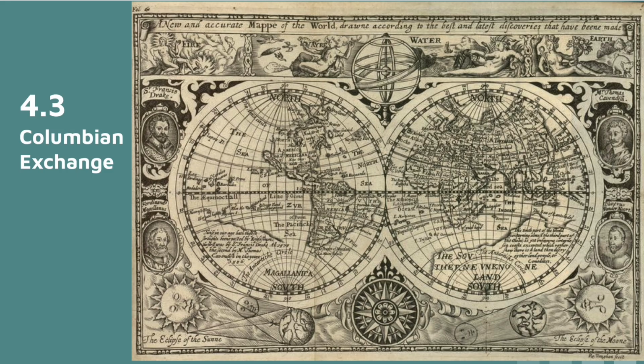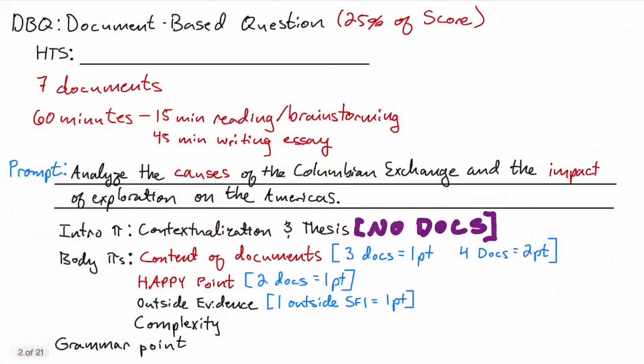So first up, we need to talk about what a DBQ is. A DBQ is a document-based question. You may remember that in your LEQ, you didn't have any documents to help you with that essay.